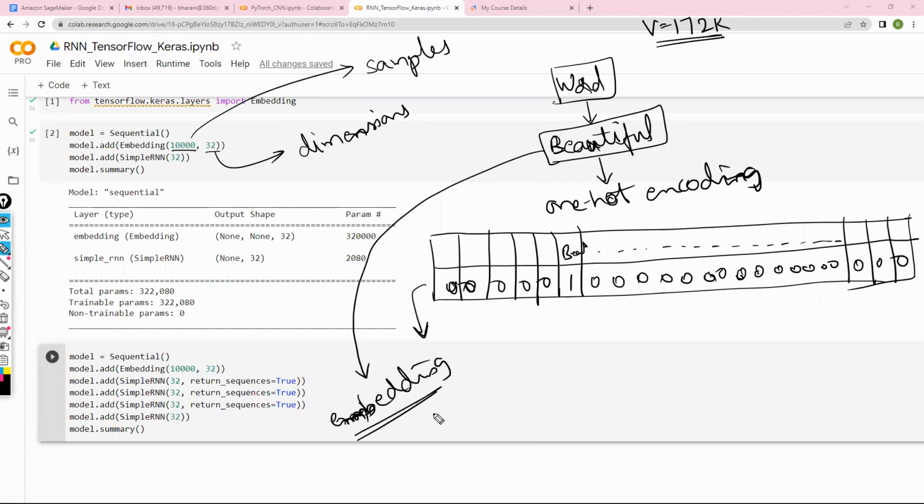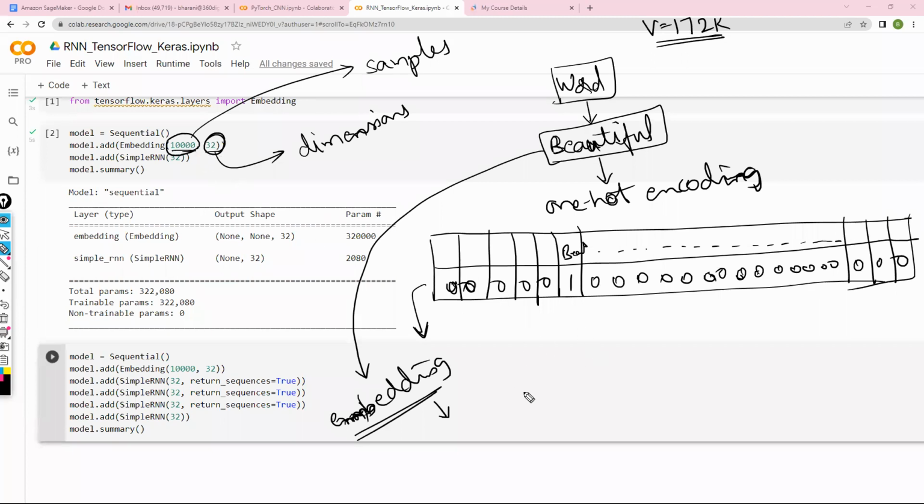So you're saying that instead of representing each word using 172,000 numbers, you want to represent each word using 32 numbers. And you're saying you want to use a maximum of 10,000 words.